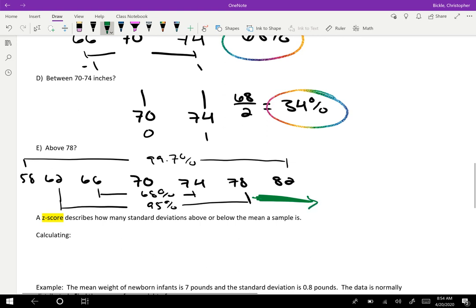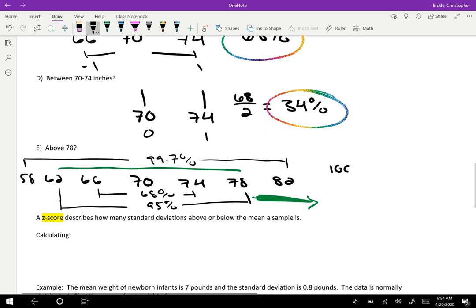So remember, they didn't say between 78 and 82 here. They said above 78. So we need to figure out what percentage of the data is going to fall above 78. Okay. So if we think about it, I know that 95% of the data is going to fall in this range. So I know the total that falls outside has to be whatever's left.